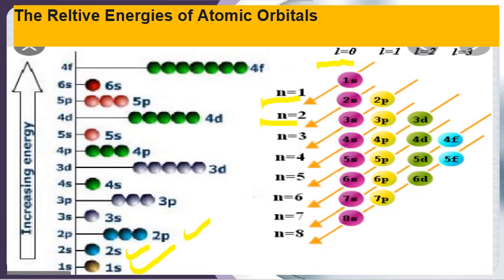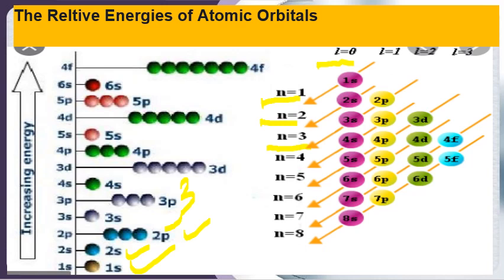After filling the 6 electrons in these three orientations, once again namely px, py, and pz, you will move further to the next higher orbit. This is the third orbit, which has three subshells in it, namely 3s, 3p, and 3d.